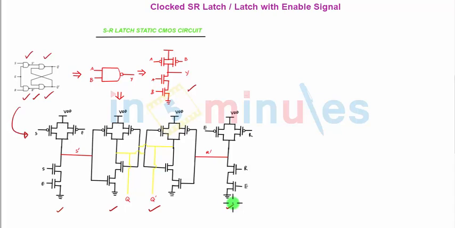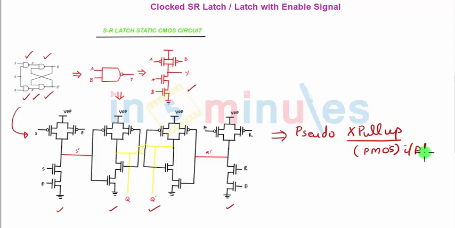Now we know that for Pseudo NMOS style, the way this circuit will be translated is we will remove our pull-up network and replace it with nothing but just a PMOS transistor with its input grounded. Once we do this, this will be my Pseudo NMOS style SR latch with an enable signal.